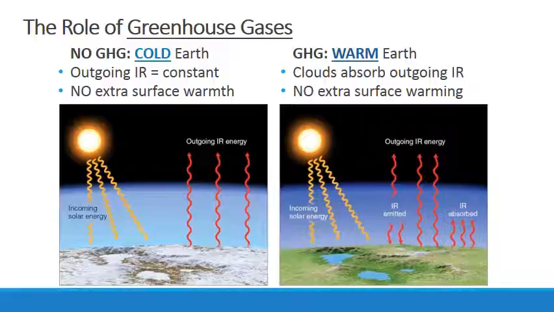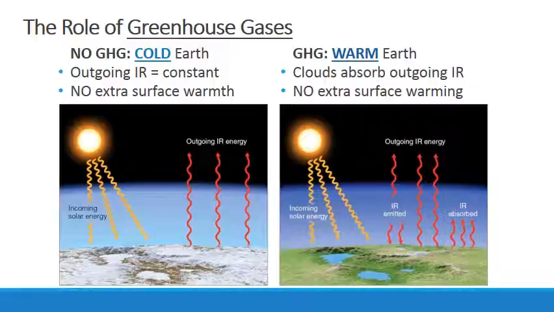So in an atmosphere with greenhouse gases, the cartoon on the right side here, the Earth's surface not only receives energy from the sun, but also long-wave infrared energy from the atmosphere. Incoming energy still equals the amount of outgoing energy, but the added infrared energy from the greenhouse gases raises the average Earth surface temperature to a more habitable level.